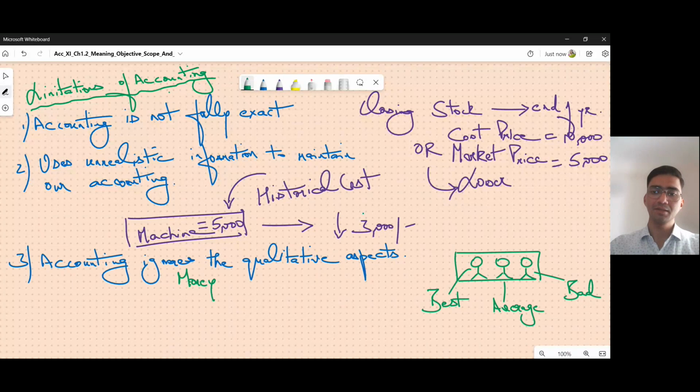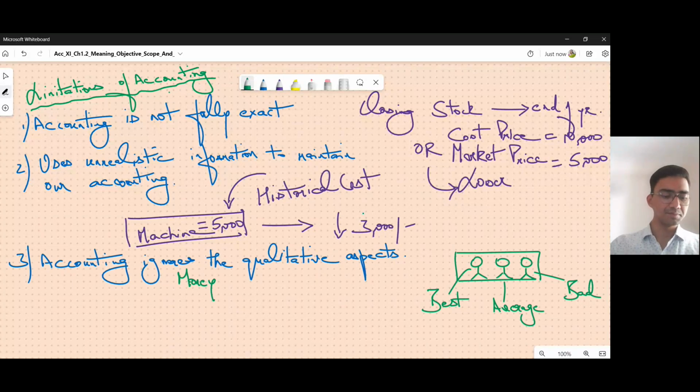And what is the quality? The quality of these people working in my organization is what I'm ignoring. You understand? Among these 3 people, the first is the best, the second is an average person, the third is a bad person. He's not good at his work at all. But I'm not considering this aspect when I'm doing my accounting, when I'm trying to find out my profit and loss for my business. So this becomes a drawback. Accounting ignores the qualitative aspects of a business.